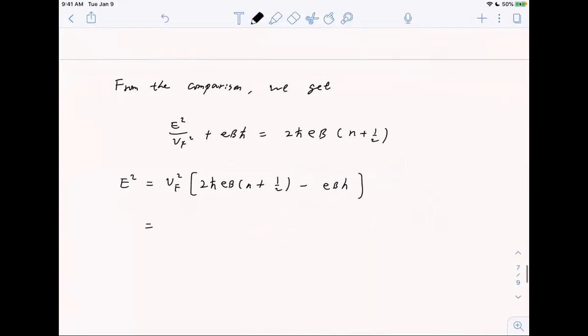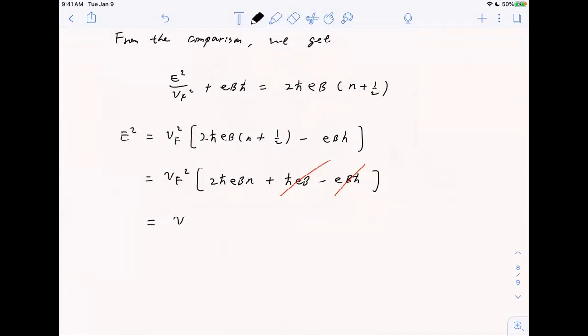Okay, so here you can open it. You have 2 h bar e b n plus h bar e b minus this, here is e b h bar. So you can already see that these two terms will cancel each other, and this is a significant result, because the Landau level will be quite different.